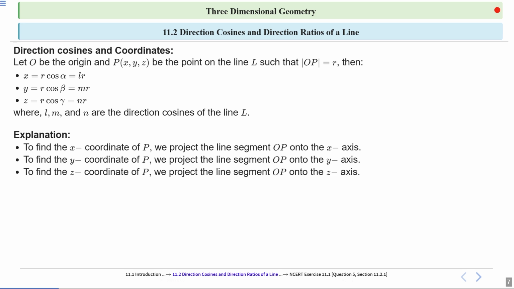To find the z coordinate of P, we project the line segment OP onto the z-axis. To do so, we are going to use trigonometry here.